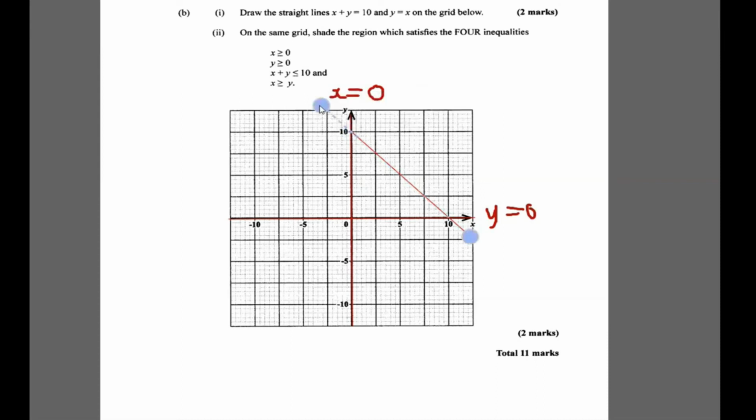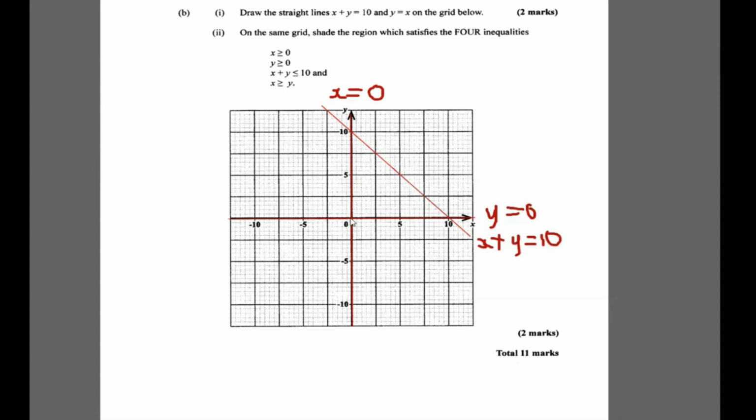This is the line x plus y equal 10. And then finally, the last line that they want us to draw is x equal y or y equal x. All right, so we're going to draw the line x equal y.